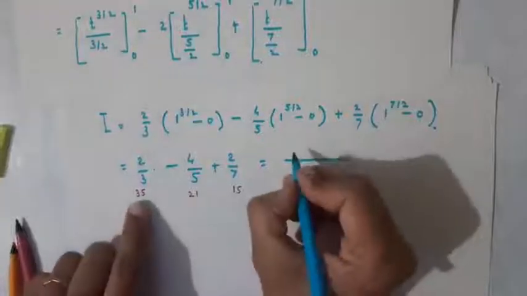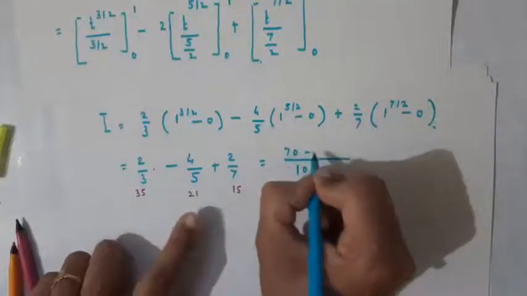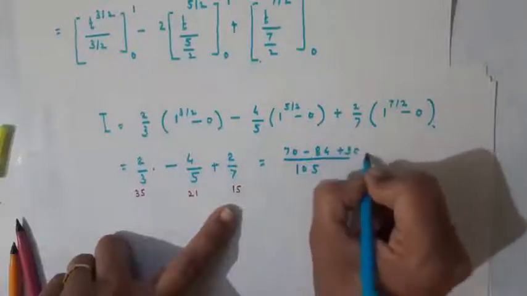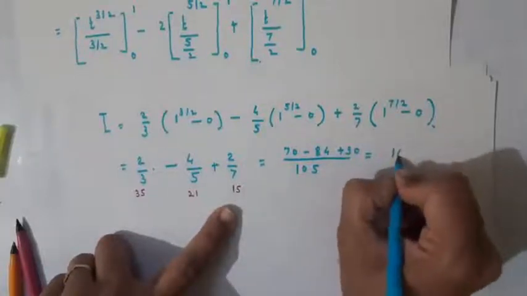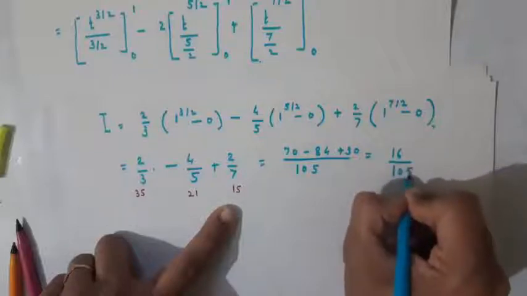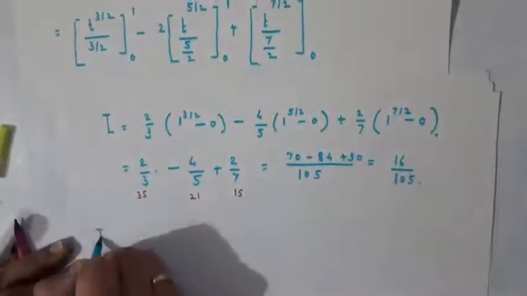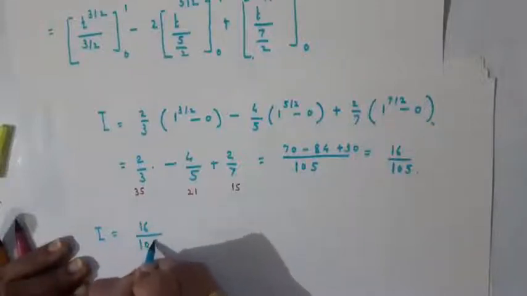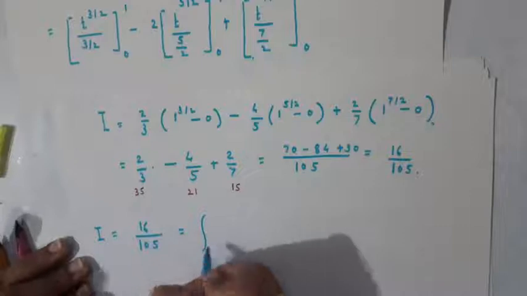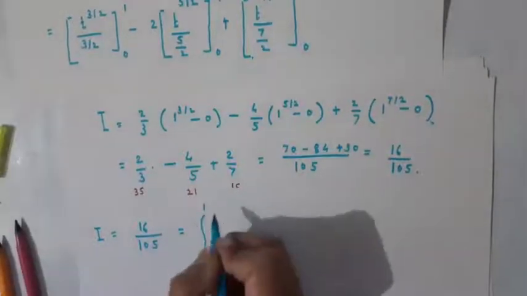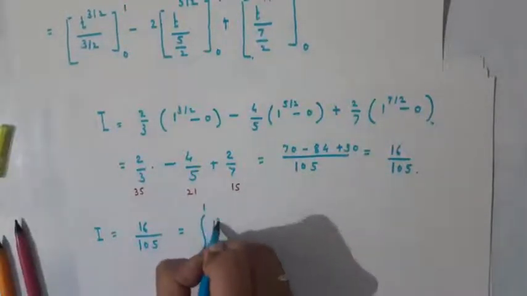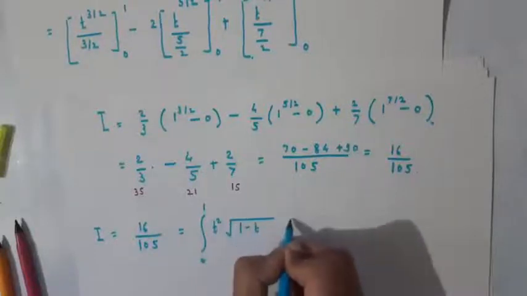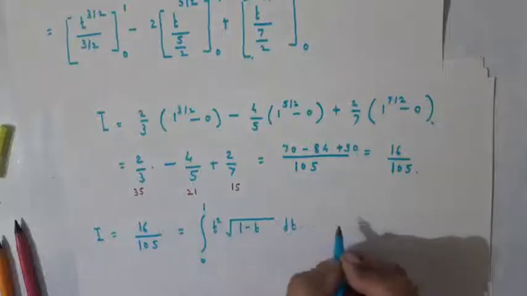Okay, so this is 70 minus 84 plus 30. Okay, and the calculation is 16 upon 105, and hence integration I equal to 16 upon 105, and that is the integration of 0 to 1 t square into square root of 1 minus t with respect to t.